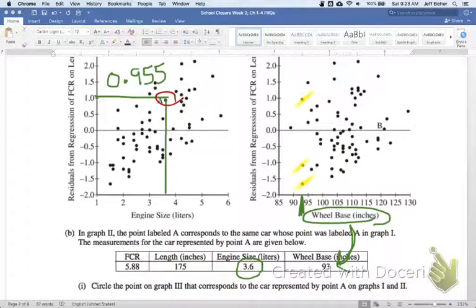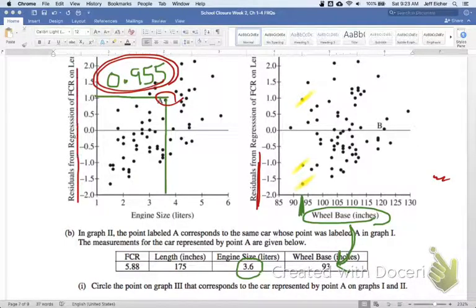Well, it has an engine size of 3.6, but there's no engine size on this graph. But we do know the residual that we got from part A. So if you miscalculated the residual in part A, you could still recoup maybe your answer here. But the residual we got from part A was the residual from our regression of FCR based on length.